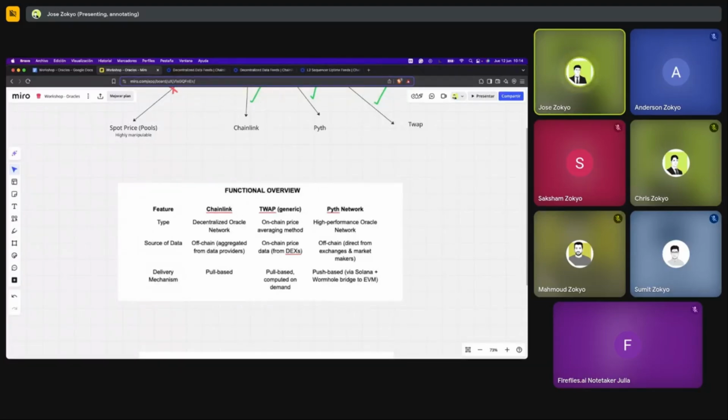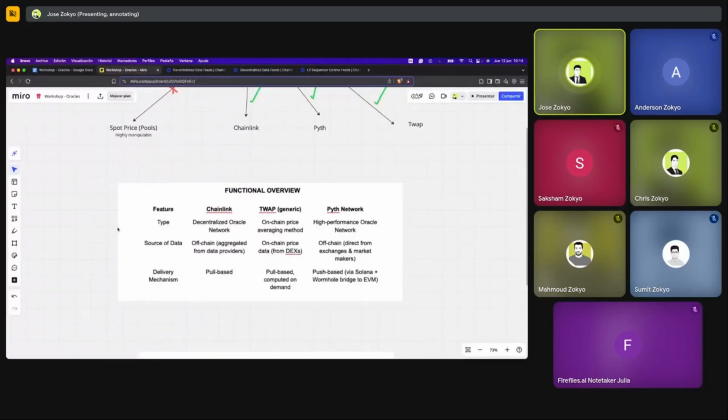Now we have the TWAP, which is an on-chain price average method. This basically works by calculating the average price over a selected time period. Then we also have Pyth, which is a high-performance oracle network, something similar to Chainlink, but they have some differences that we are going to mention later.